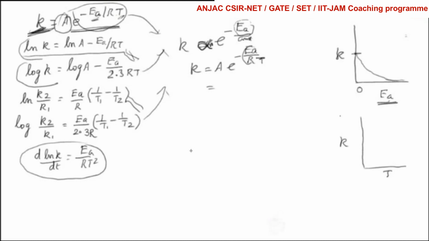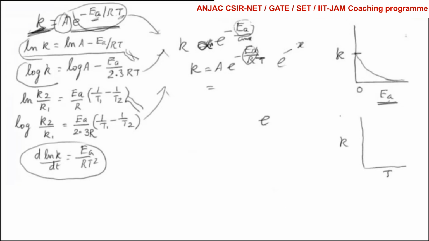This is your constant. As T increases, the e power minus value decreases because T is in the denominator. As T increases, the e power minus value decreases, which means the value keeps increasing.